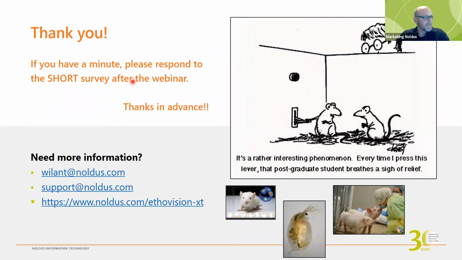What is the difference between an EthoVision backup file and copying the original file folder to an external hard drive? Well, you can copy it all to an external hard drive. It's just that it's more error prone. The backup is all self-contained. It puts all the folders in the right place when you restore it.